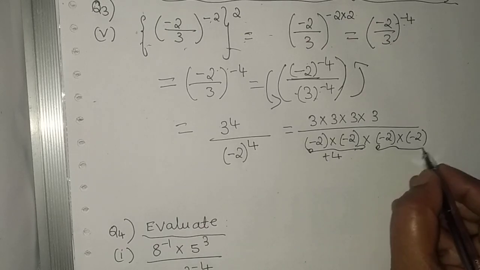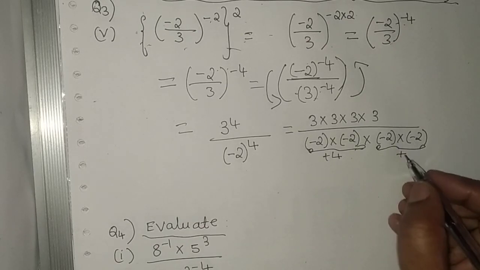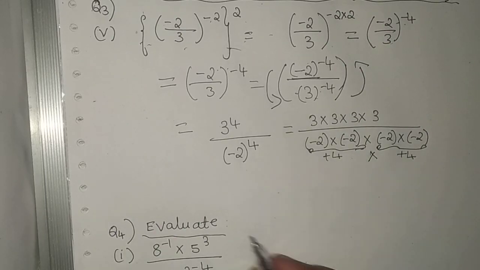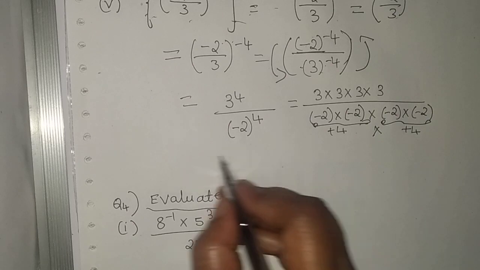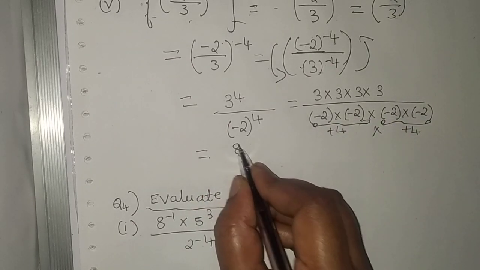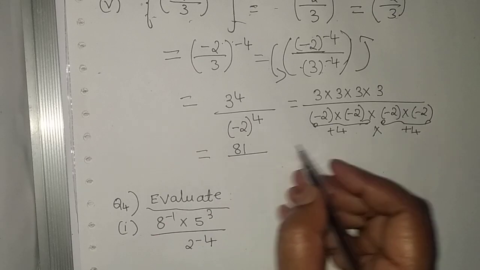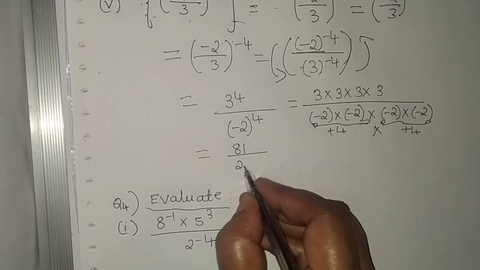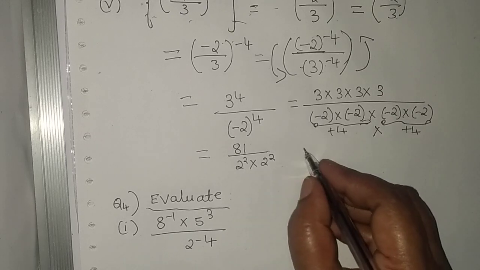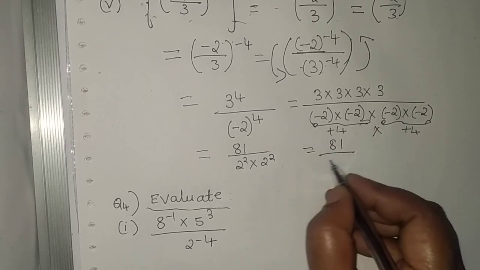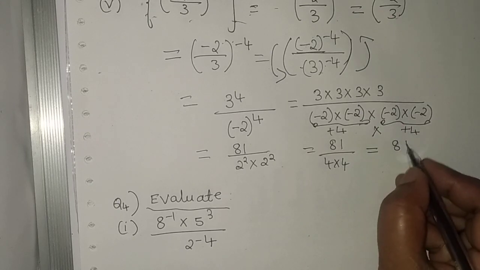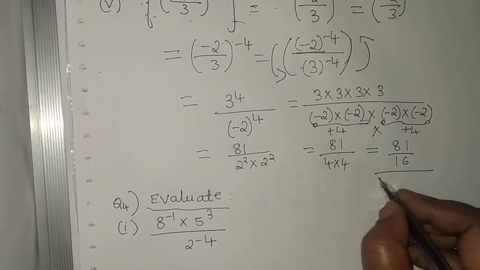These two we multiply will get, since minus into minus will become plus, 4 into 4. So that's why I expanded and wrote it. So multiply all this, we'll get the numerator 81, 3 four times. Then we get 2 square into 2 square, or 4 into 4 we can write. Therefore 81 by 4 into 4, which is equal to 81 by 16, is the answer.